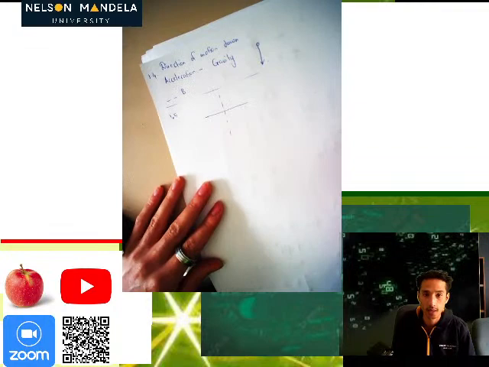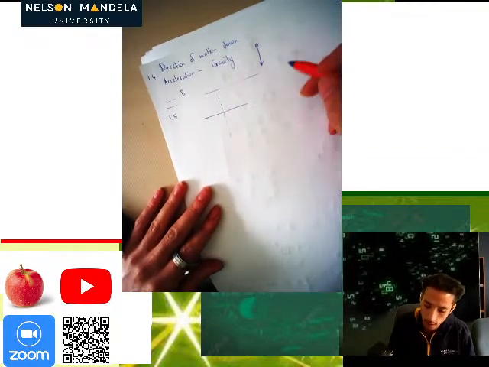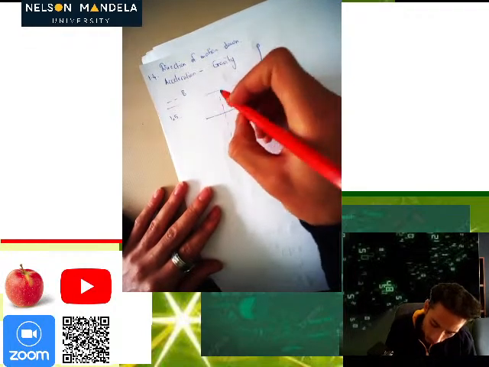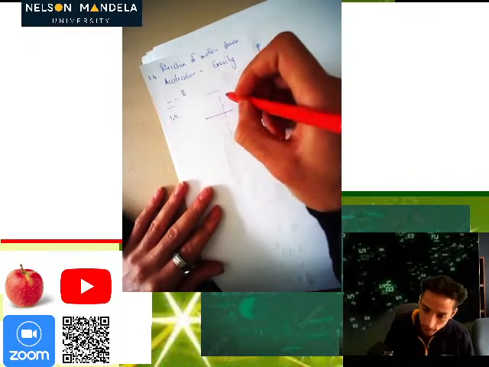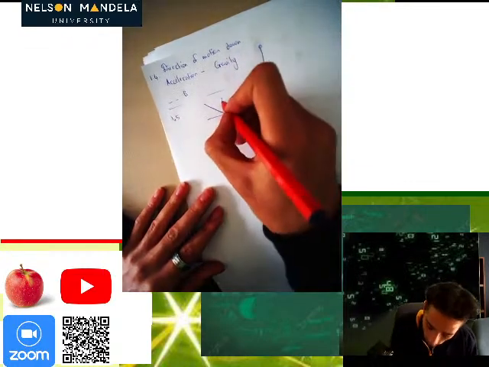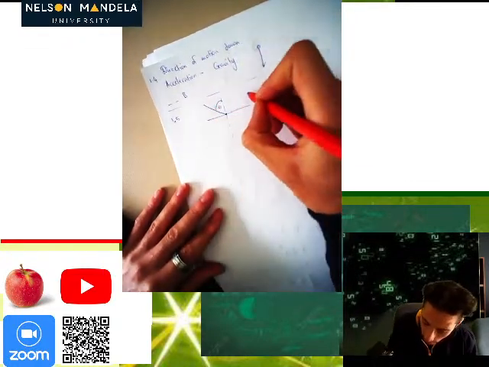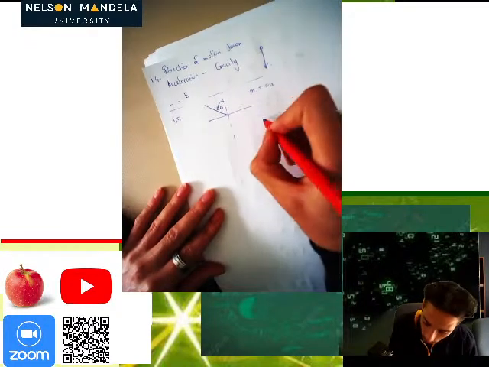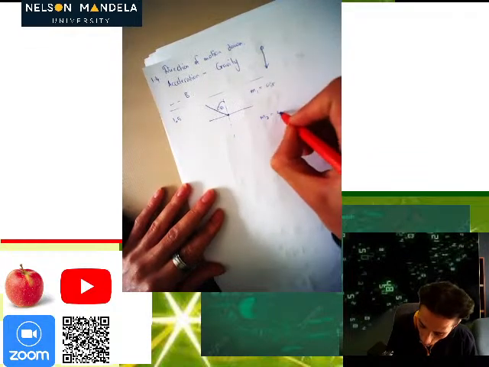If we consider the vertical line to be the normal, and a light ray traveling from any angle theta from that normal, it's traveling from medium 1, which is air, to medium 2, which is water.